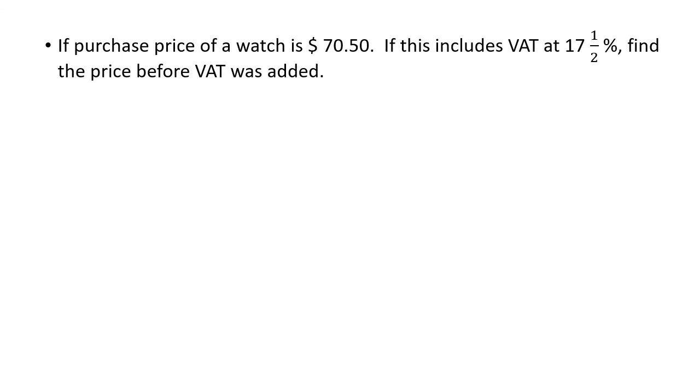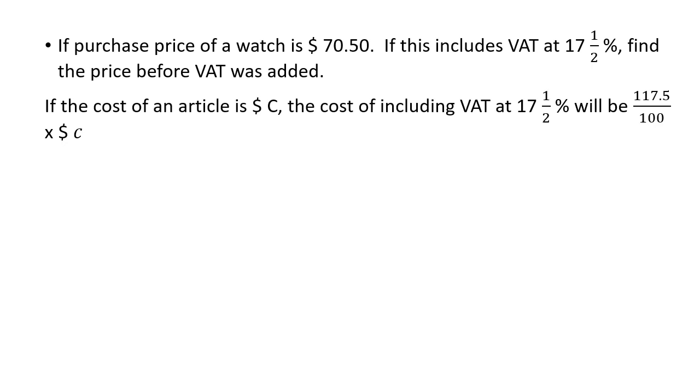Check this example also. If the purchase price of a watch is $70.50, and this includes VAT at 17.5%, find the price before VAT was added. Here, if the cost of an article is C dollars, you have to find it.